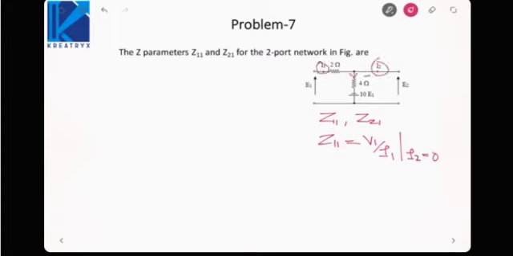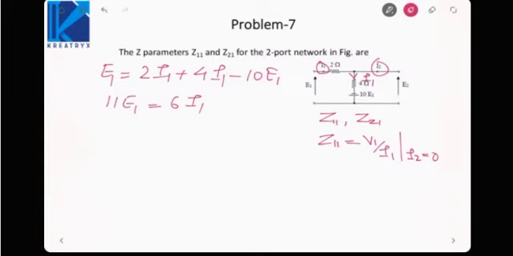Current I1 will go like this. So if we apply KVL, E1 is equal to 2I1 plus 4I1 minus 10 E1. That is 11 E1 is equal to 6I1. So E1 by I1 will be 6 by 11 ohm.